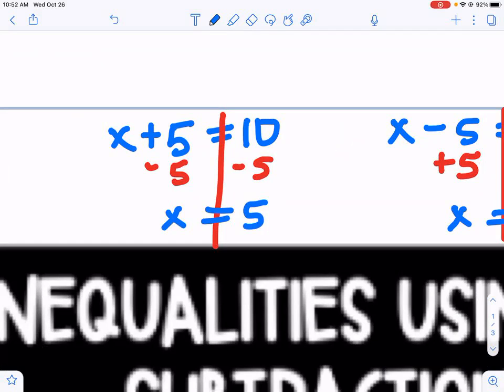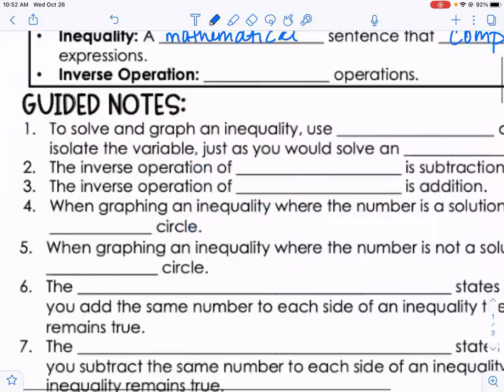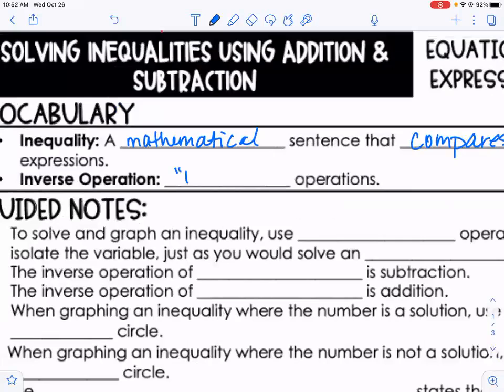I called it an inverse operation, but I used a simple word that started with a U. Undo. Okay. How do we undo addition? We use subtraction. How do we undo subtraction? We're going to add to both sides.